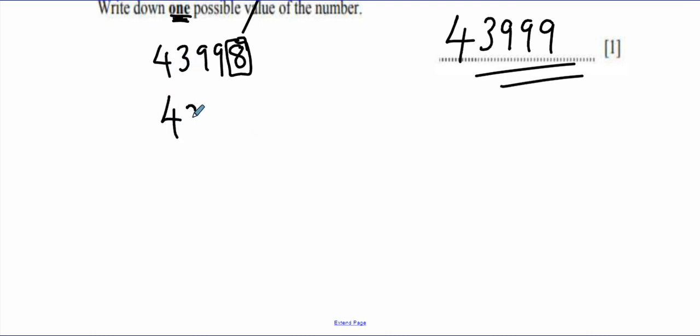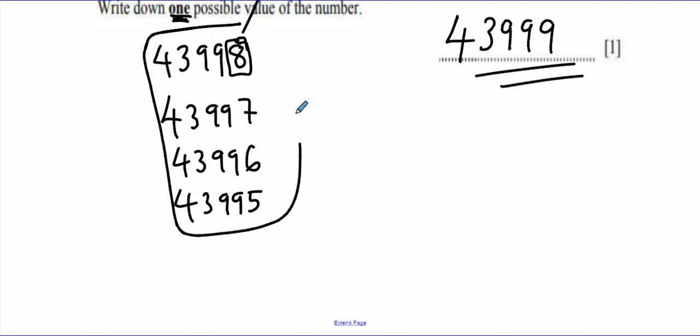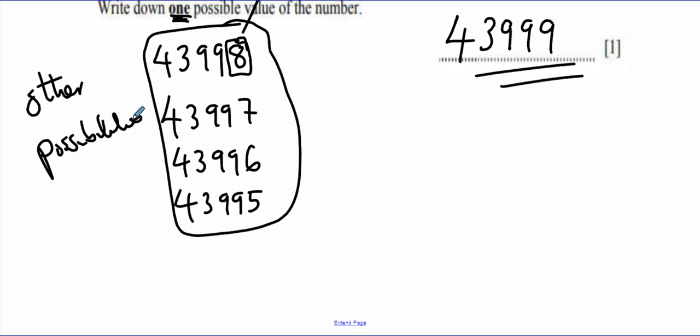So the possible numbers we can get are 43,998, 43,997, 43,996, 43,995. These are other possibilities. How? Because if you do this to the nearest tens, check your ones and tens, you will be adding one over here.